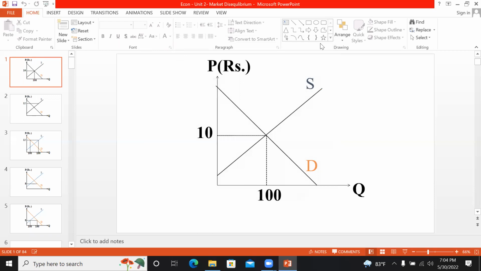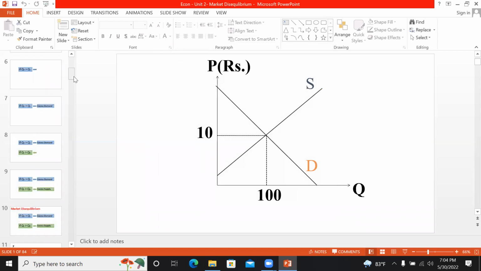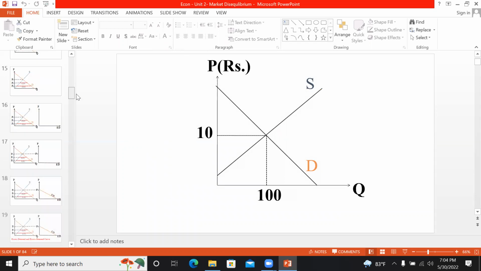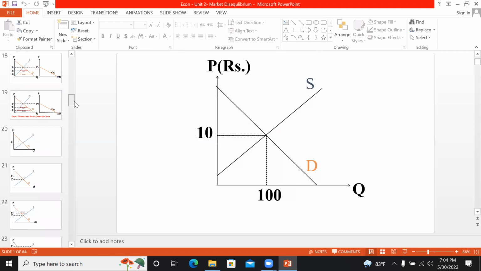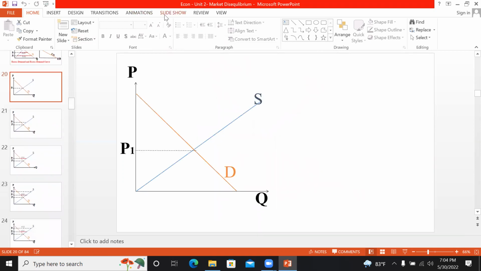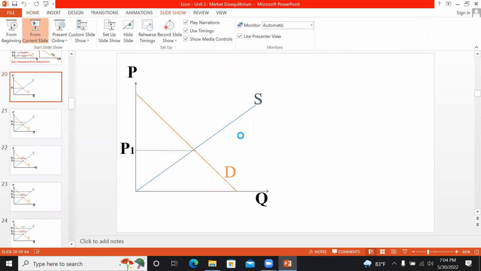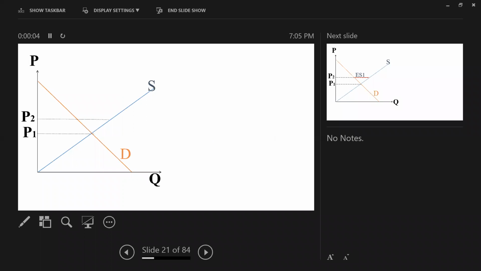Page number 27. Excess supply. So we discussed basically excess demand and excess supply. We need to draw the graph there. Right, look here. If the price is P naught, there is no excess demand or supply.